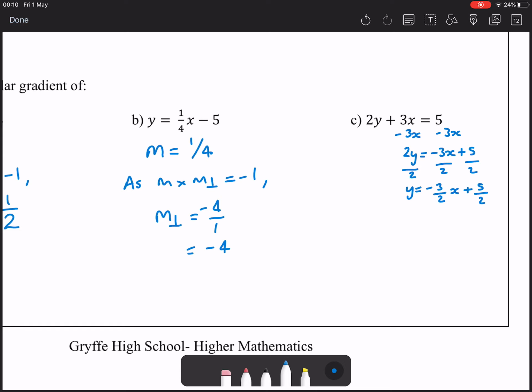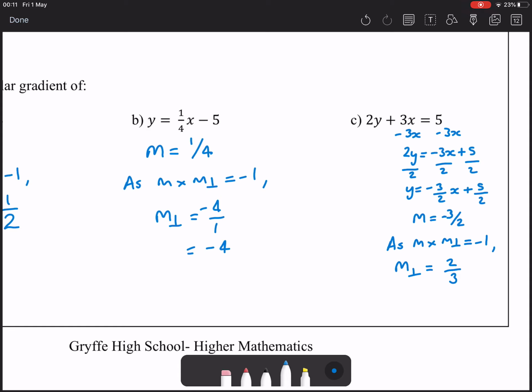From this situation here, we can say that any gradient which is parallel would be negative 3 over 2. And as m times m perpendicular is equal to minus 1, our perpendicular gradient would be the 3 and the 2 flipped and made negative, so we would have a positive gradient.